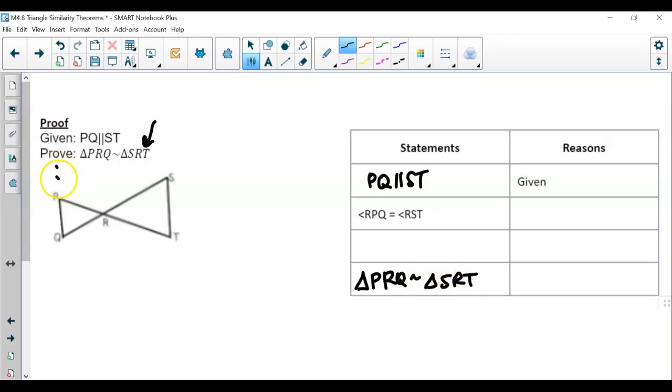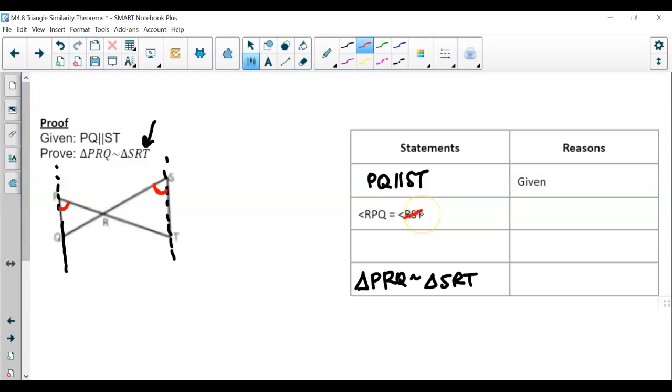Now, PQ is parallel to ST. And notice how the statement here is RPQ is congruent to RST. Oh, sorry, that's a typo.